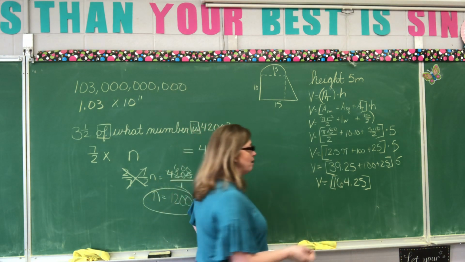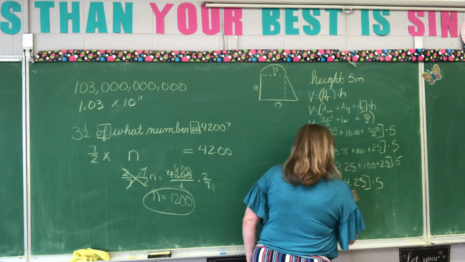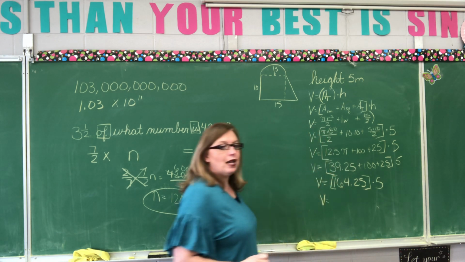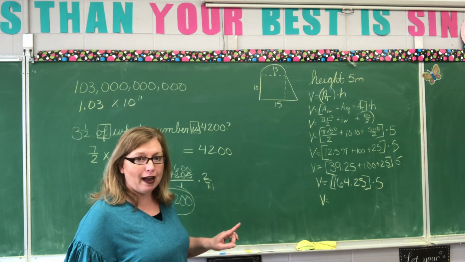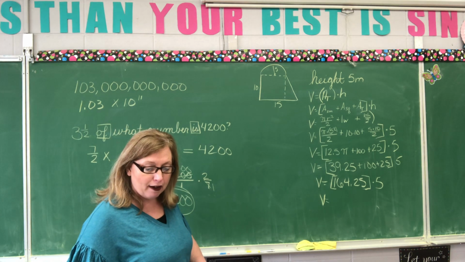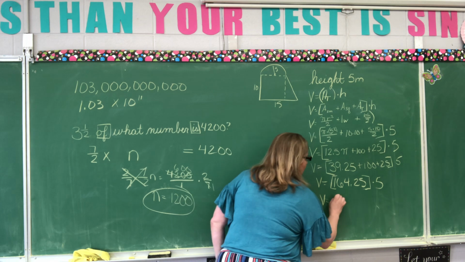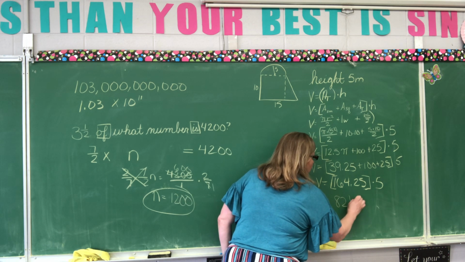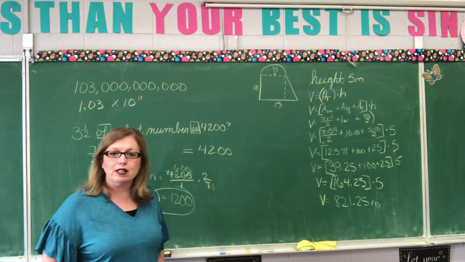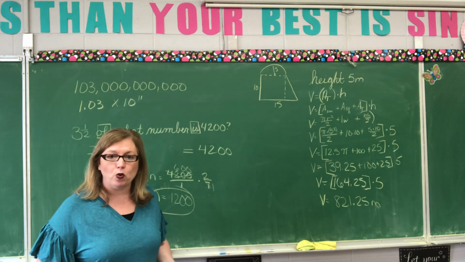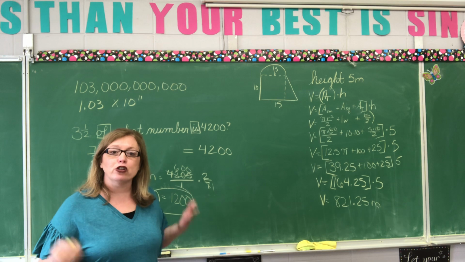I need to multiply it by the height. Once I multiply 164.25 times 5, I'm going to get 821.25. What kind of unit? It's not meters. It's not meters squared. It's what? Meters cubed.